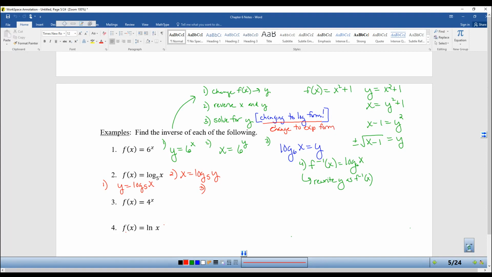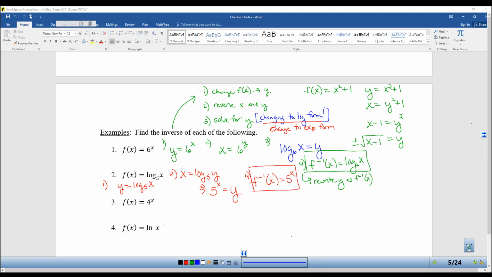And that's how you can solve for y. So if it's log base 5, then it's going to be an exponent with a base 5, but now it's going to be 5 to the x is equal to y. And like I said, if you wanted to have a really nice step 4, f inverse is equal to 5 to the x.